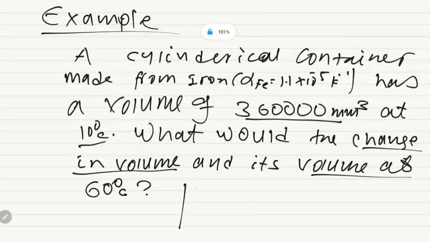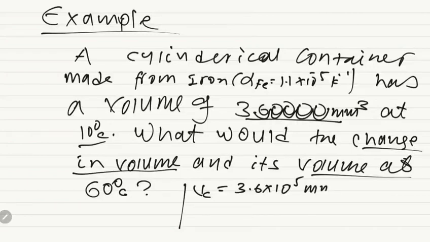This time the volume at the colder temperature is given: 3.6 times 10 to the power of 5 millimeters cubed. The temperature hotter is 60 degrees Celsius, and the temperature colder is 10 degrees Celsius.